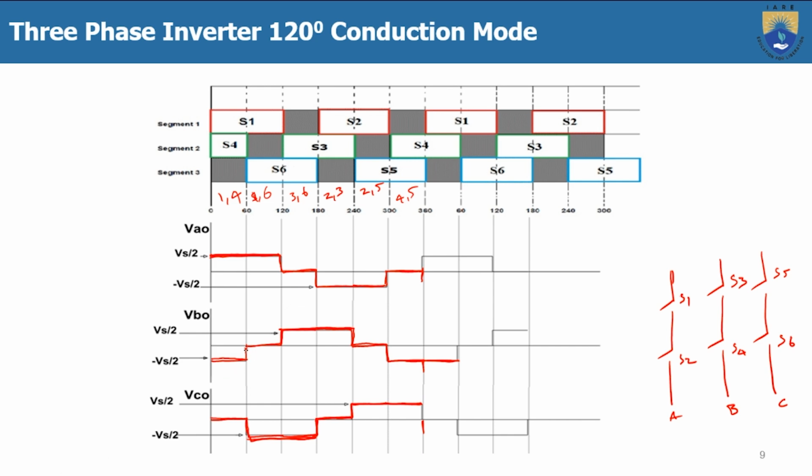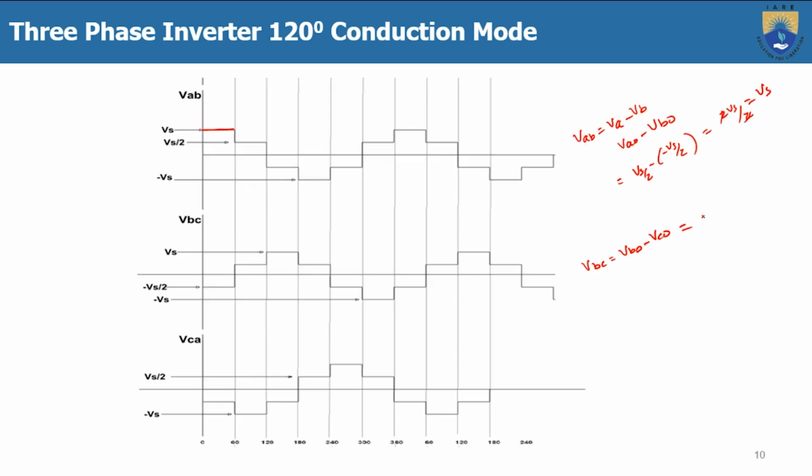Here VBO is 0 and VCO is minus Vs by 2. So that's why here 0 minus of minus Vs by 2, which is equal to plus Vs by 2. So that's why here during this period, it is plus Vs by 2.